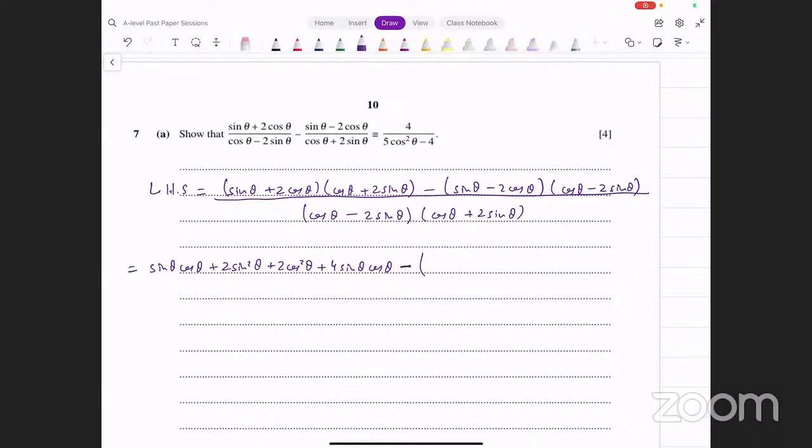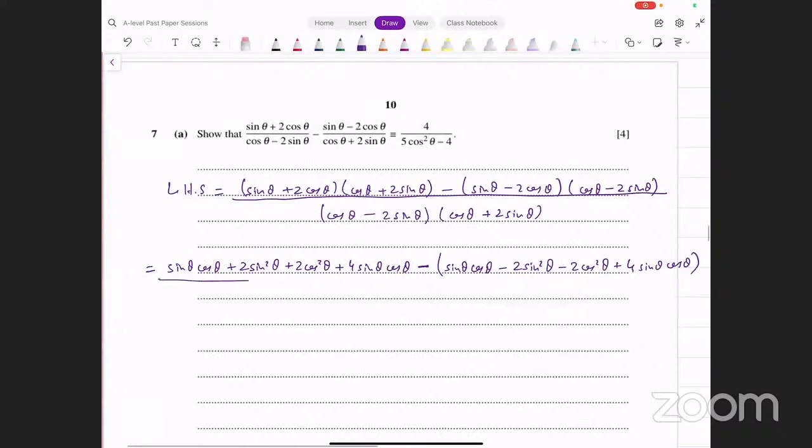Let's do this multiplication. Sine theta into cos theta minus 2 sine square theta minus 2 cos square theta plus 4 sine theta into cos theta, whole divided by cos theta minus 2 sine theta. अच्छा, denominator को remember हम क्या कहते थे?